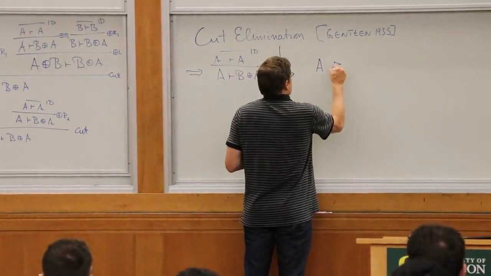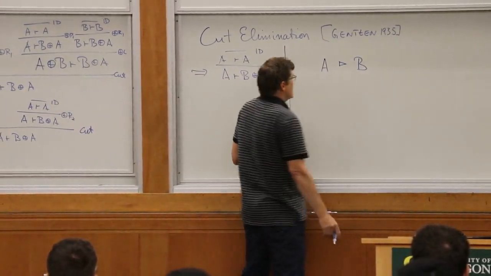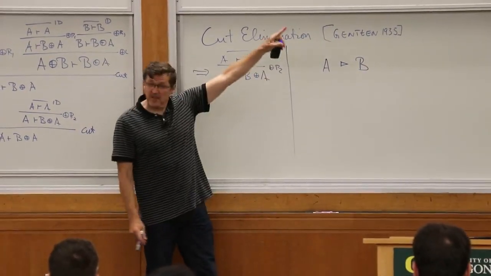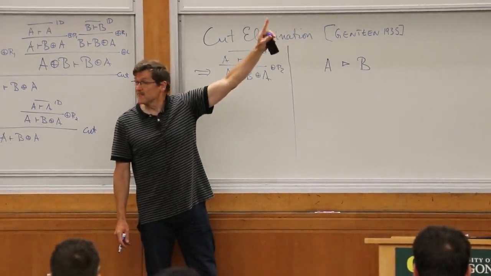And for the new judgment, I'm just going to use a very different symbol so it's kind of obvious. A, with a different turnstile, B. And for this one, I'm going to replicate all the rules, but I'm going to omit cut.